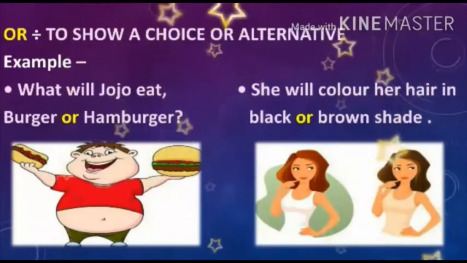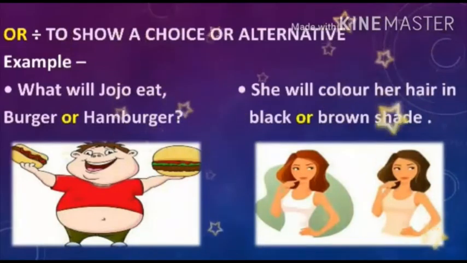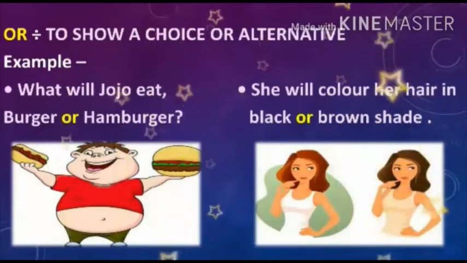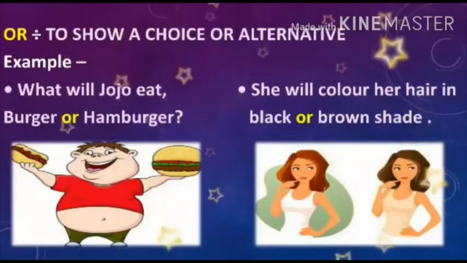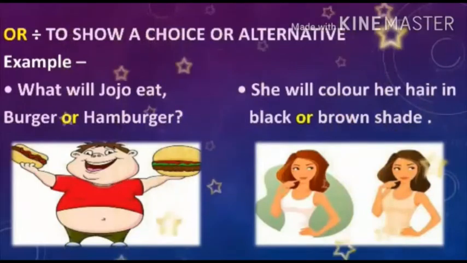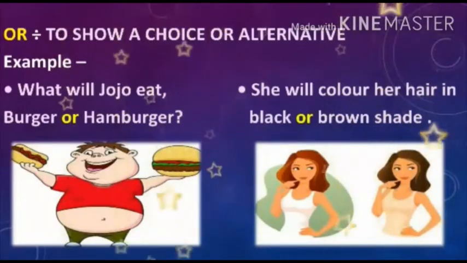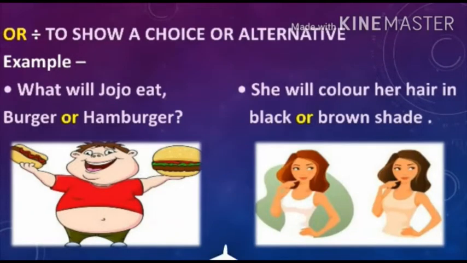Let's see the next example. She will color her hair in black or brown shade. Here again she has two options, black color or brown color. She will use one of them. That's why we have used the conjunction or. So both examples tell us that or is used when we have two options and we have to choose one of them.